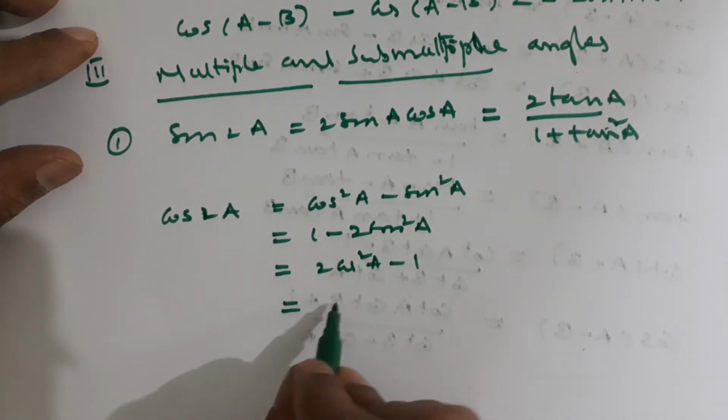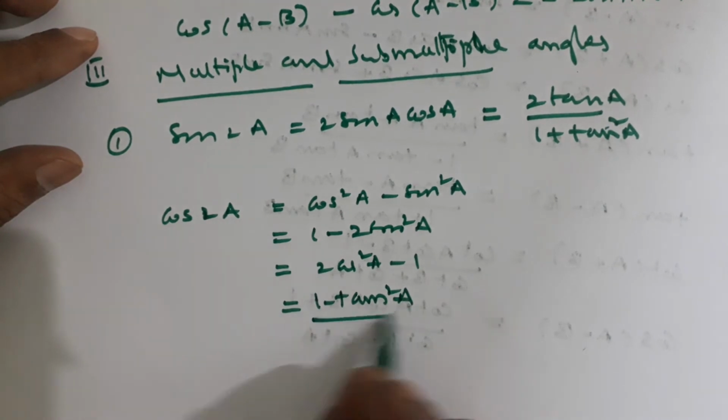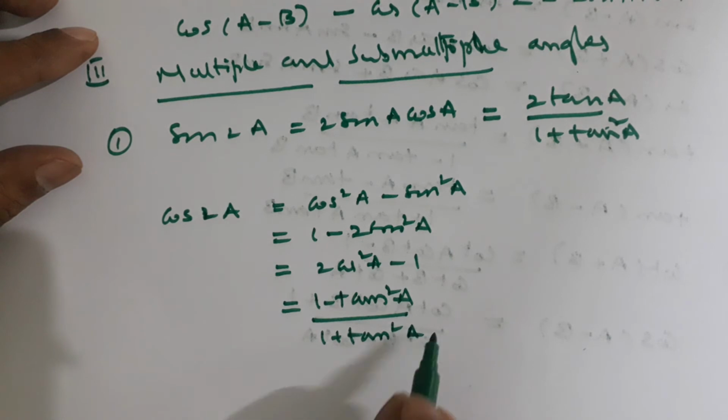In terms of tan, it is 1 minus tan square A divided by 1 plus tan square A.